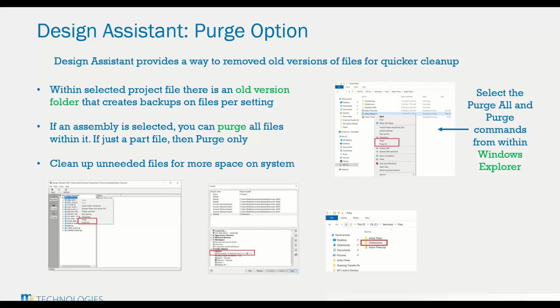The setting I'm talking about is in the screenshot on the lower part of the slide in the middle, the project's dialog box. In the bottom part of the set project file, for example, the one called seminar, you'll see the old versions to save.